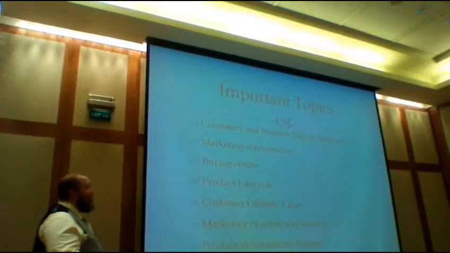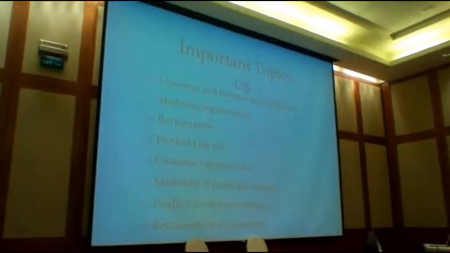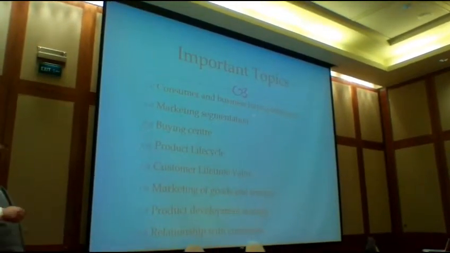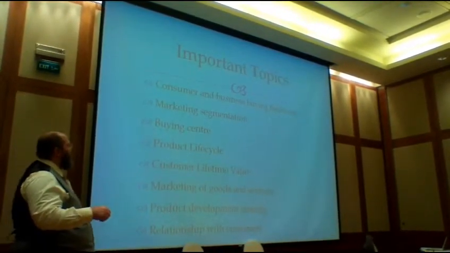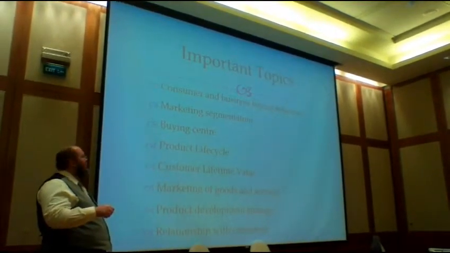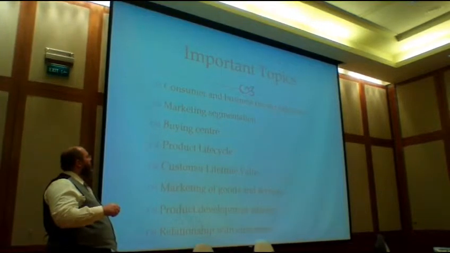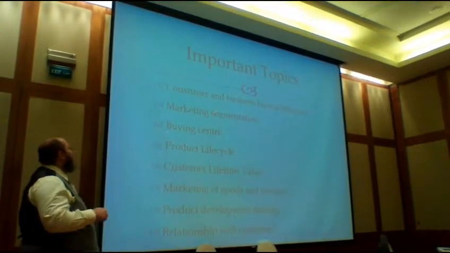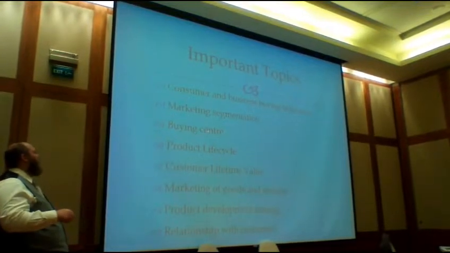These are our topics. Consumer and business buying behavior. At the same time, that was from whatever chapter, that was chapter 5? That was chapter 5, I think. Chapter 6, 5. This is chapter 5. Market segmentation, chapter 4. Buying center, chapter 5.